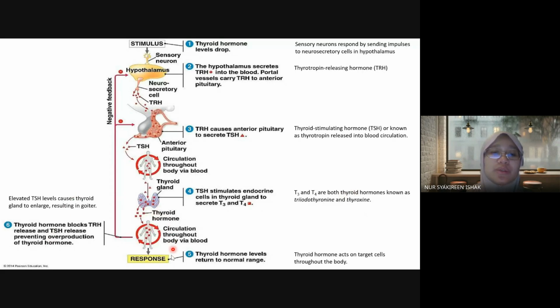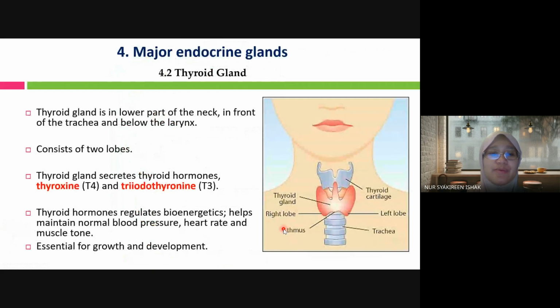So it goes in your blood circulation to give all these sort of effects. So thyroid hormone levels increase back to the normal set point. Yang ni lah dia punya function kan. So that is the function of these thyroid hormones, for bioenergetics.